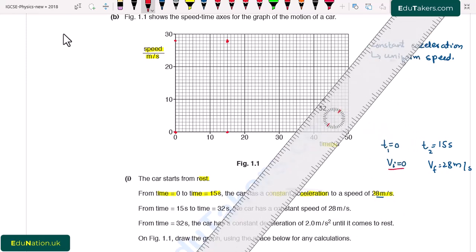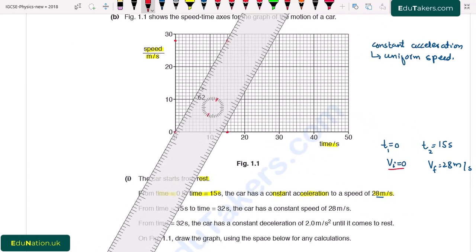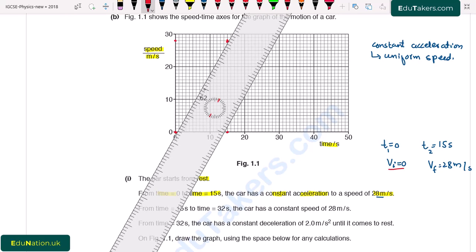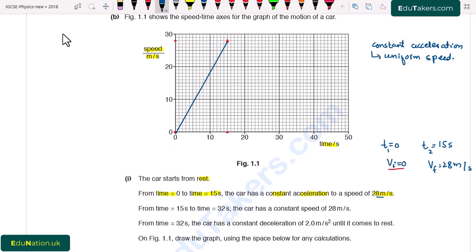Now I am going to draw a line. So this is basically the graph for constant acceleration from 0 to 15 seconds.